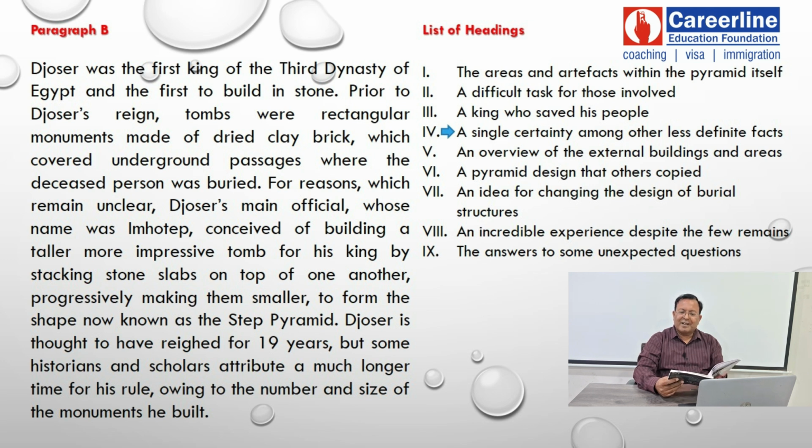For reasons which remain unclear, Djoser's main official, whose name was Imhotep, conceived of building a taller, more impressive tomb for his king by stacking stone slabs on top of one another, progressively making them smaller to form the shape now known as a step pyramid. Djoser is thought to have reigned for 19 years, but some historians and scholars attribute a much longer time for his rule owing to the number and size of monuments he built.